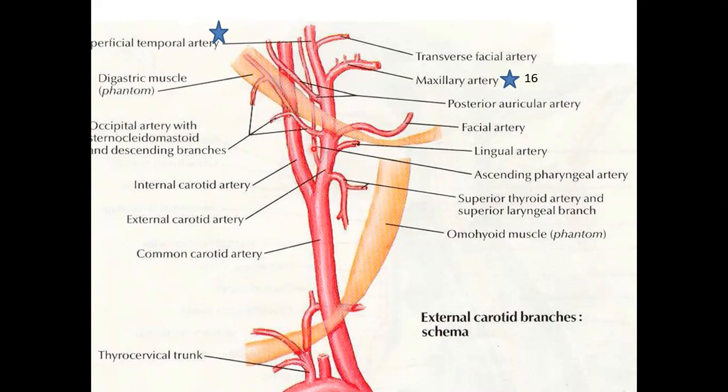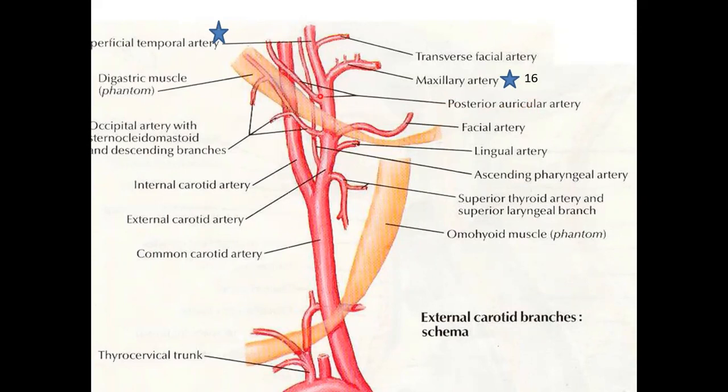It's literally going up to give blood supply to the pharynx. So ascending pharyngeal is your second branch. And then you have your lingual artery, lingual meaning tongue. Then you have your facial artery. Then you have your posterior auricular artery, going to the backside of the ear.